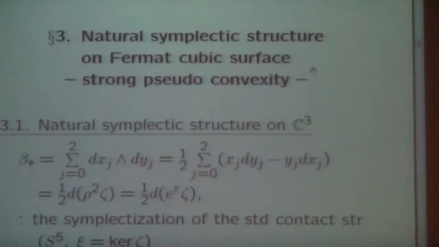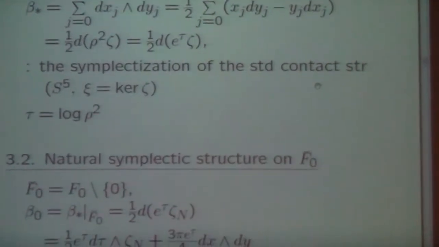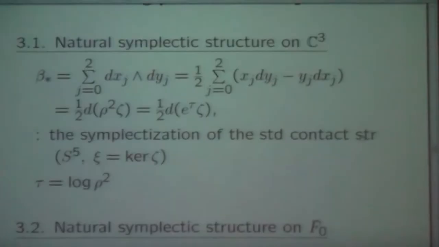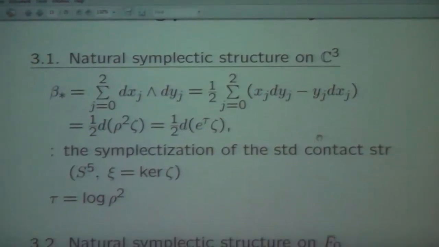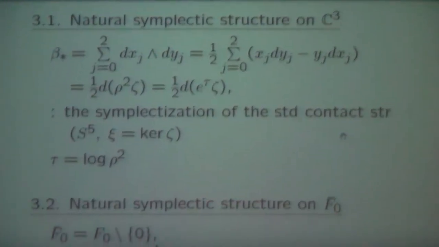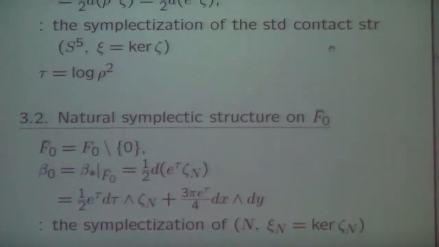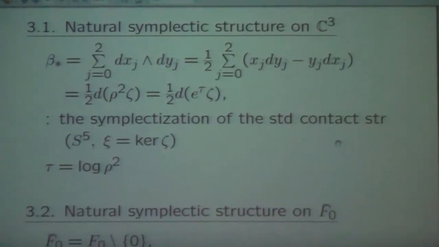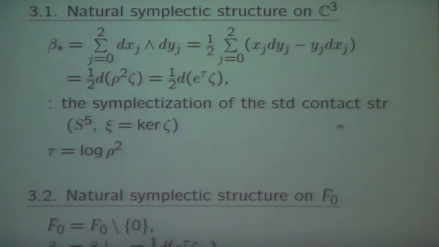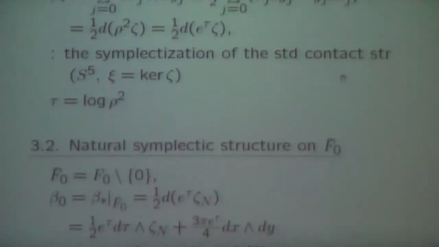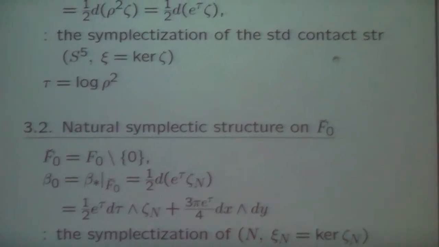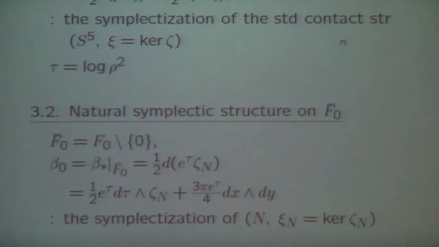Now I have to be quick. Now let's get into the real problem. So here is a natural symplectic structure on this C3, and it's written in that form, dxj dyj, and it's also written in that way. And here we have to be careful a little bit. On the right hand side in the parenthesis, something is missing.